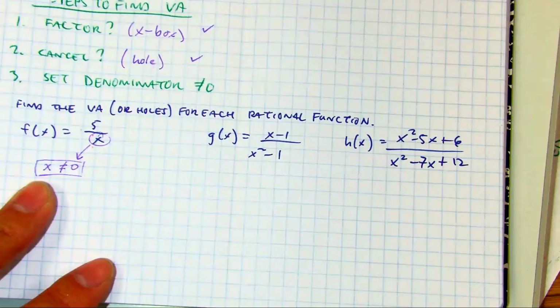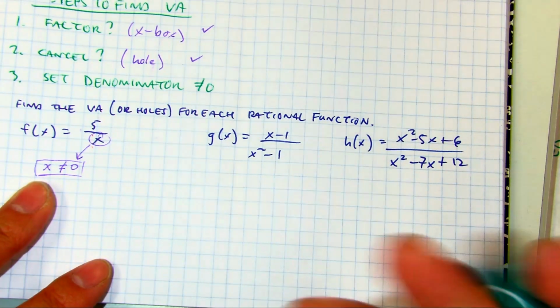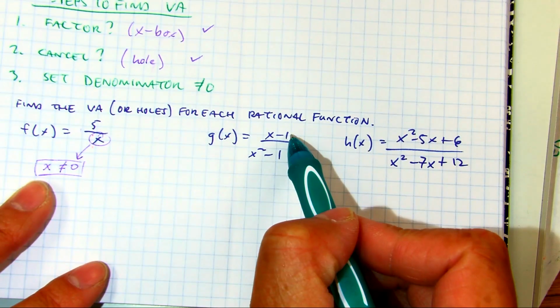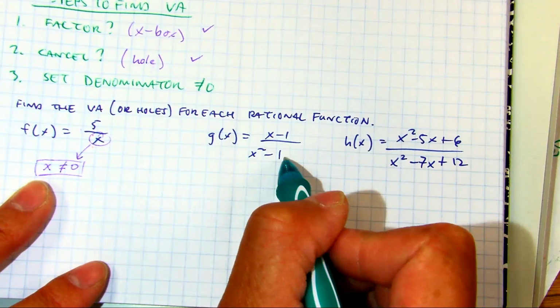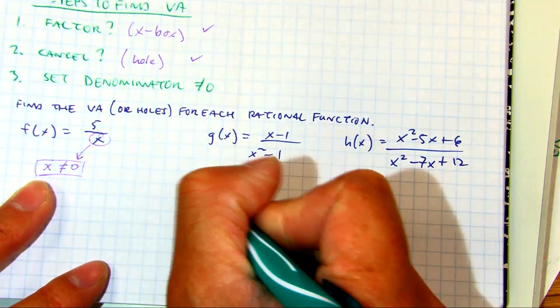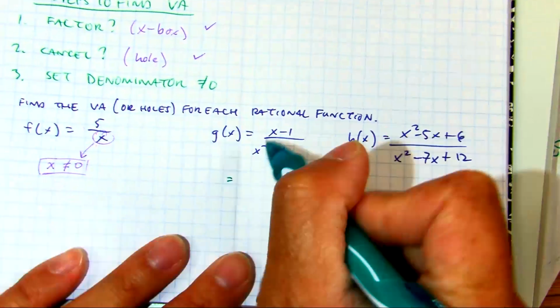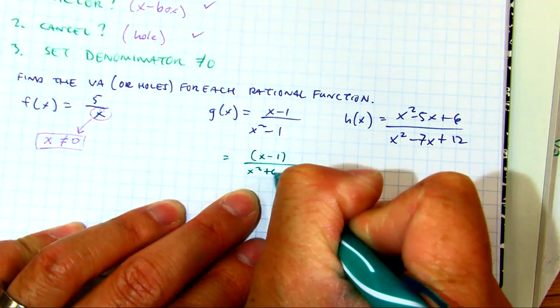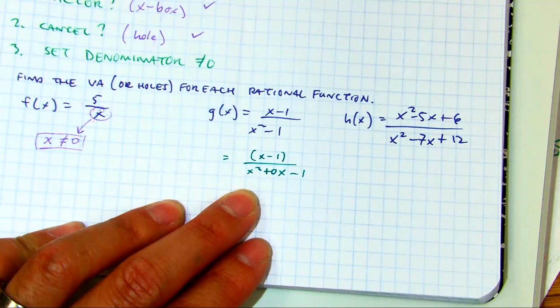Okay? Alright, let's do g of x now. Let's use a different color pen. Yes or no? Is this factored? Yes. Is this factored? No. So I'm going to write this one as x minus 1 over x squared plus 0x minus 1. Why did I write that 0?